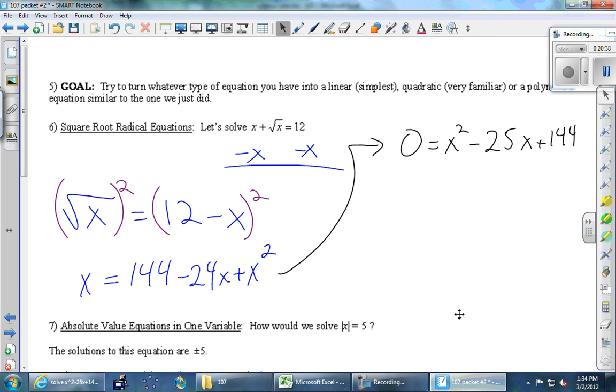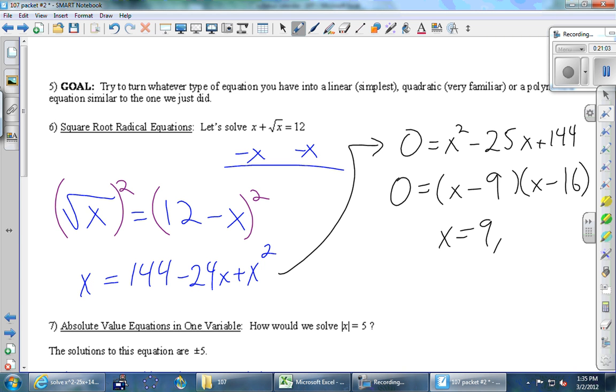Who said it didn't factor? Oh, come on. We'll pretend we didn't see that. What was it? X, it was 9 and 16? Okay, 9 and 16. I need to learn my factors of 144 better than I know them. But even if you use a quadratic formula, no problem. It'll give you 9 and 16.